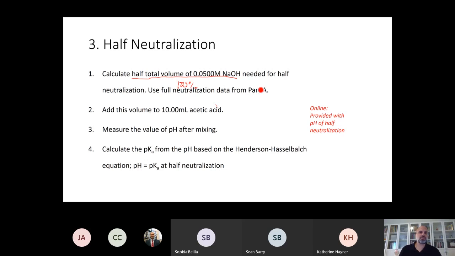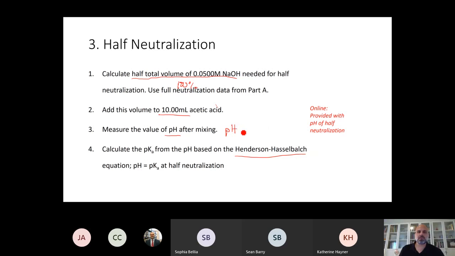And then we can simply add that volume to 10 milliliters of acetic acid, because we've been using 10 milliliters for all of these. In this case, we're going to simply mix those two together, measure a pH, and because we're making the same assumption with the Henderson-Hasselbalch equation, that the second half of the equation goes away, right?